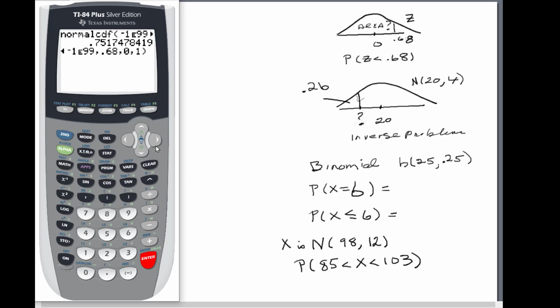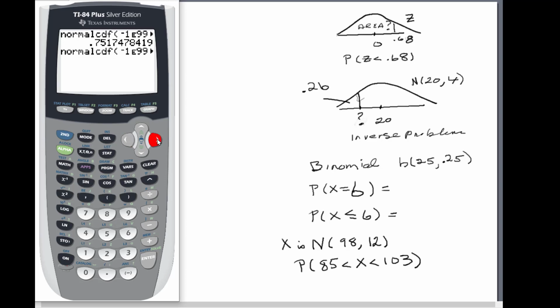And what we have asked for is now in our computation screen. Now it's a little too wide to fit across the whole screen, so you don't see all of it. I'm going to arrow over so that we can see the left-hand part of this command. I hope you already know what it looks like. We ask for the normal CDF and then a parenthesis.